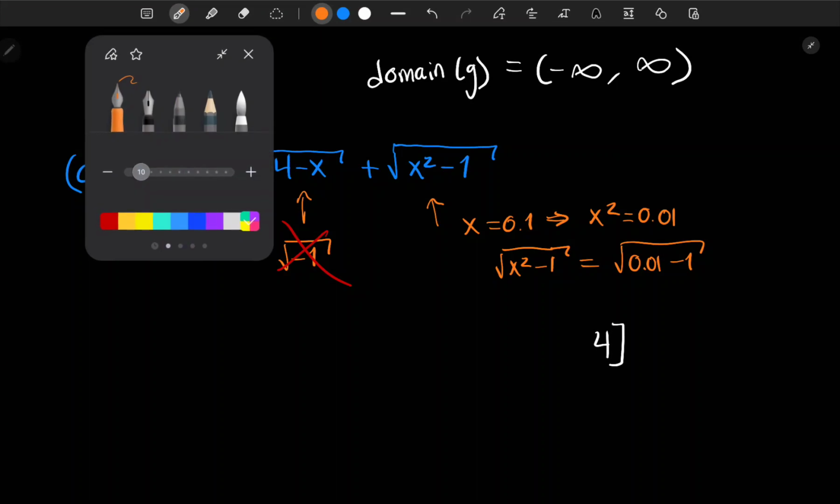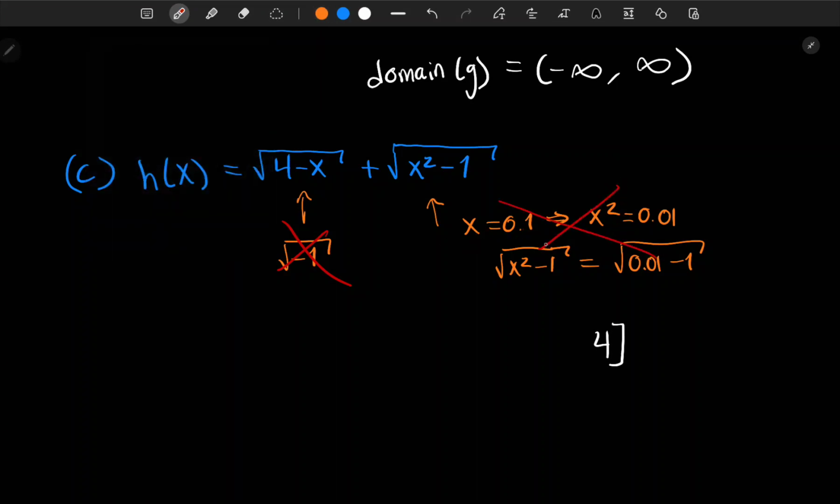So again, this is not allowed. So we already know that the value of x cannot be between 1 and negative 1, because if it were, then this would become negative. Other than that, there are no restrictions. So we know we can go anywhere from 1 to 4. Those are all allowed values of the domain.